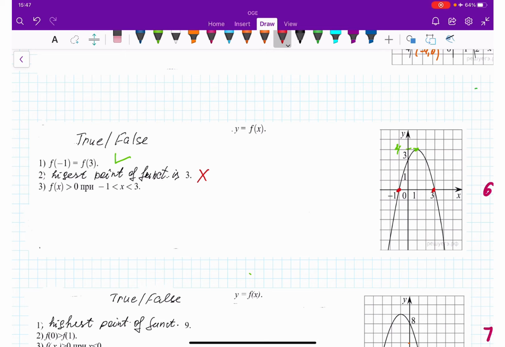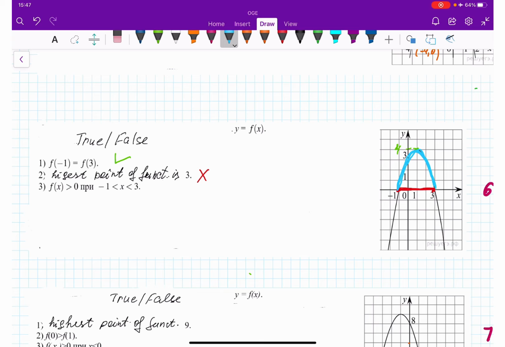Next, f of x is greater than 0 between negative 1 and 3. Between negative 1 and 3, f of x is greater than 0. Is that true? Yes, the entire graph, I mean not this piece of graph, is positive, right? Don't get confused. We are not talking about increasing.